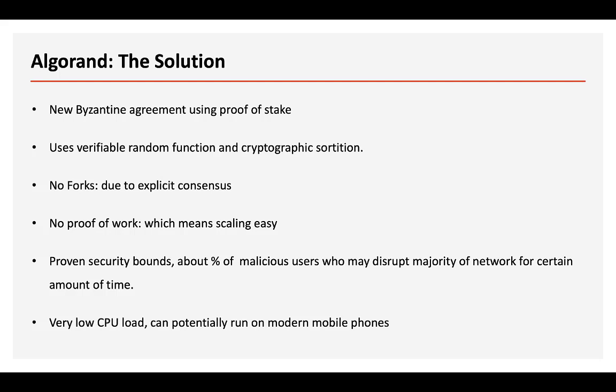However, in order to ensure that nobody creates thousands of identities to get a higher chance of getting into the committee all the time, who gets selected is weighted by how much money you own at that time.